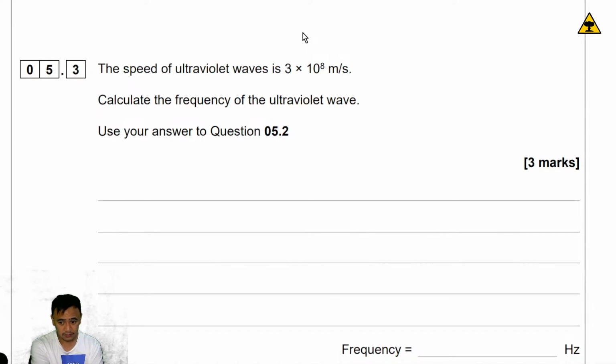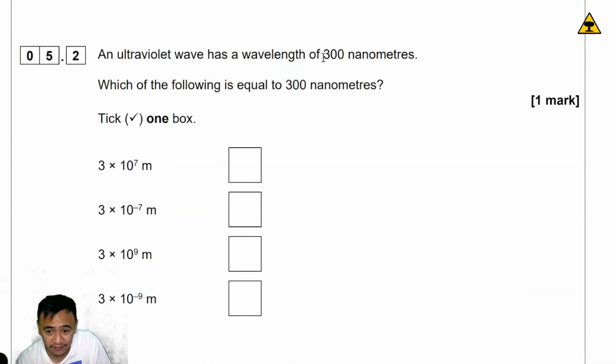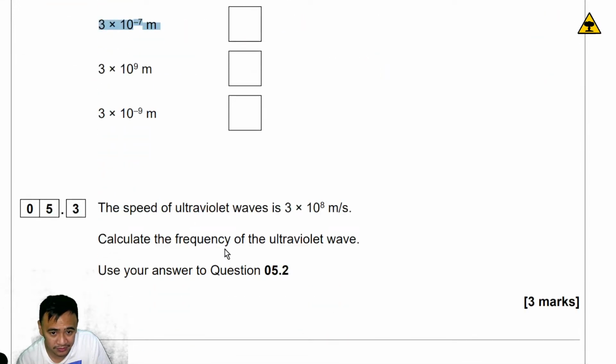The wavelength given is 300 nanometers, which is 3 times 10 to the minus 7 meters.